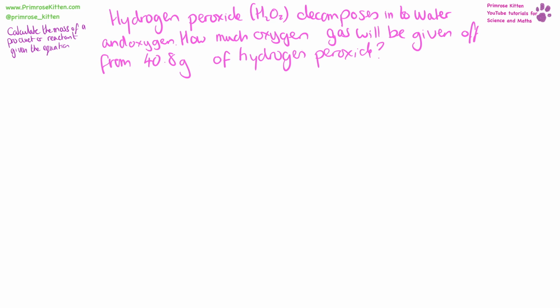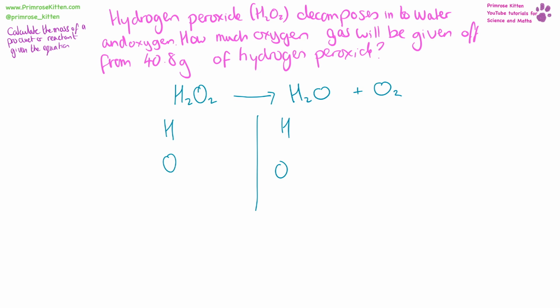This is an incredibly complicated question which combines a lot of skills. First of all, you have to work out the formula of things, work out the equation, balance the equation, and then finally work out the amount of hydrogen peroxide. We have hydrogen peroxide decomposing into water, H2O, and oxygen gas. Now we need to balance the equation. Hydrogen, oxygen, hydrogen, oxygen, 2 hydrogens, 2 oxygens, 2 hydrogens, 3 oxygens.